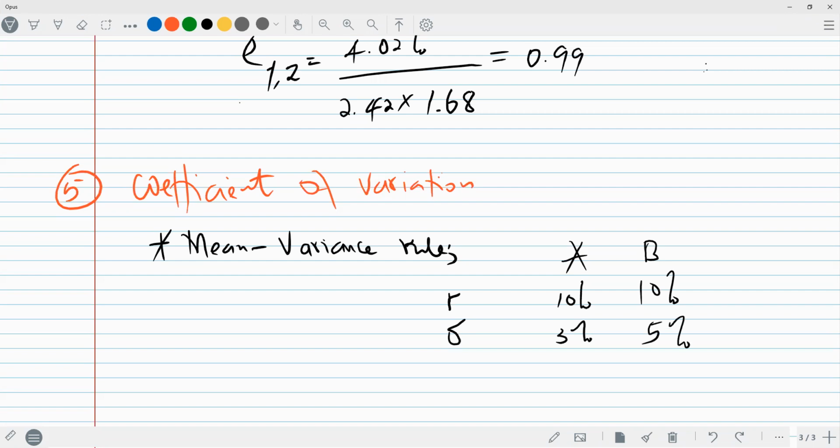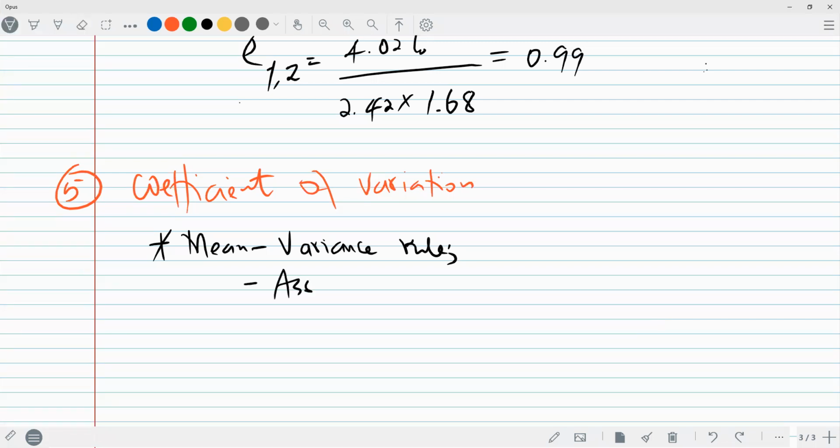Which one would you invest in? A. You would invest in A, and that's the first rule. In case you have two assets that have the same expected return, you invest in the one that has the lowest risk. So you can put it down as one of the rules here.